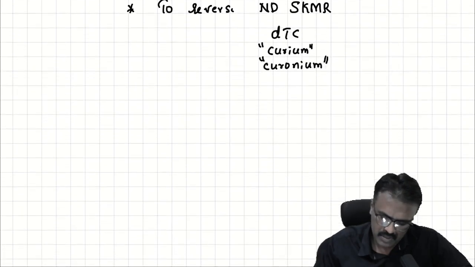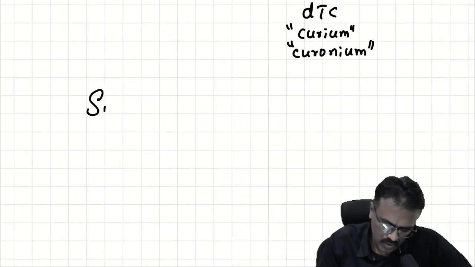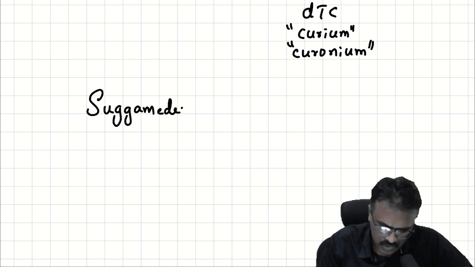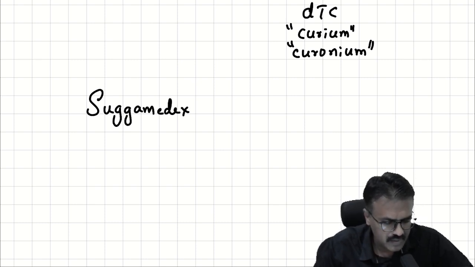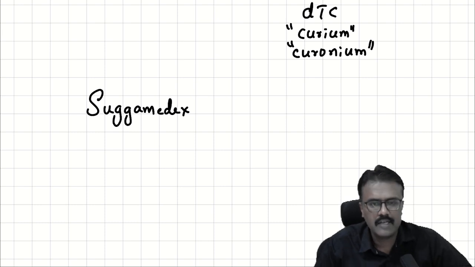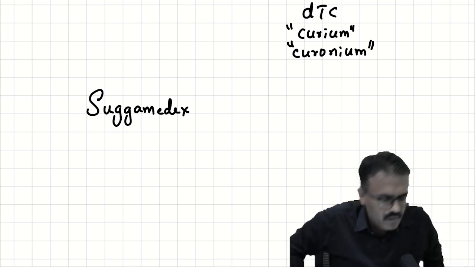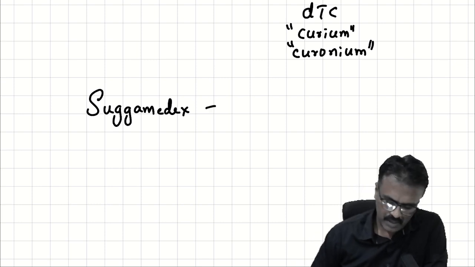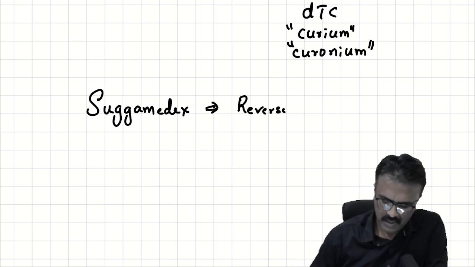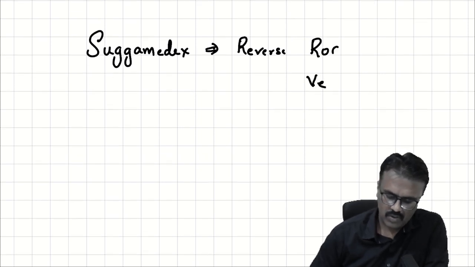Now, if you know this, tell me what is the drug Sugammadex used for? Sugammadex is used for what? Yes, Chandini Pandey, you're right. Absolutely correct. What is Sugammadex? Come on. You all know it. Sugammadex is also used to reverse muscle relaxants. Remember Ro and V. Ro means rocuronium.